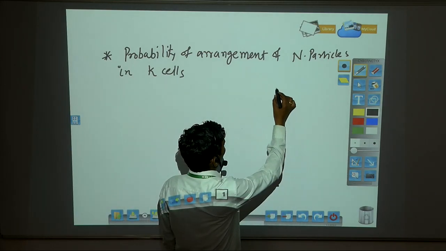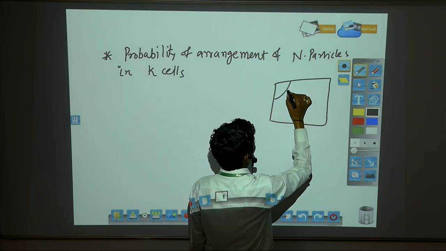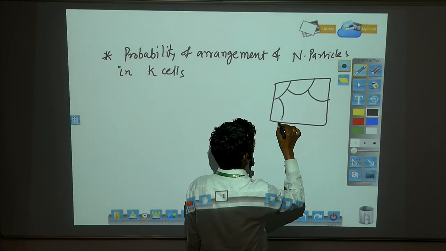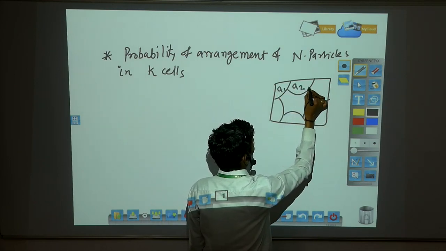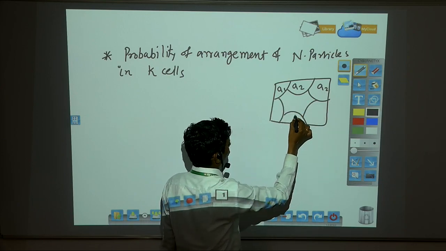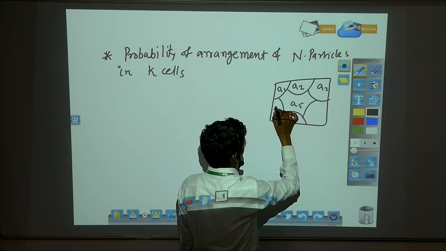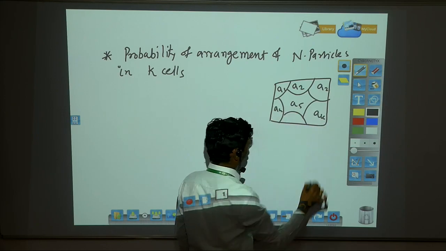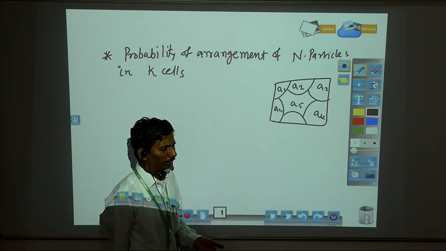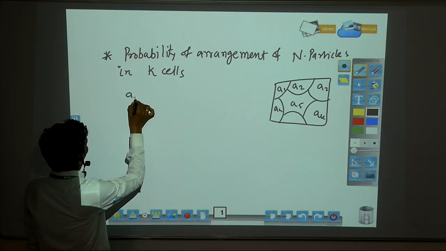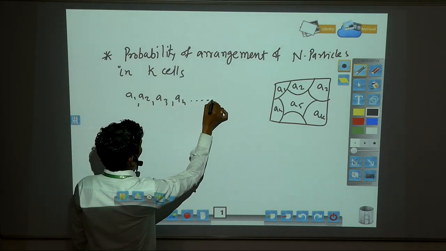For that we are considering a box of area which is divided into different compartments, or small areas. We consider the areas of the cells as a1, a2, a3 and so on, up to ak.